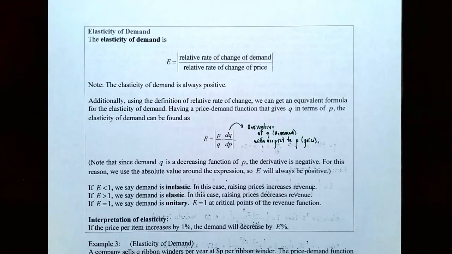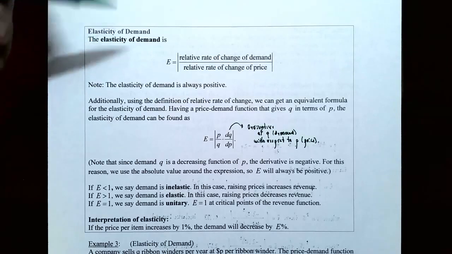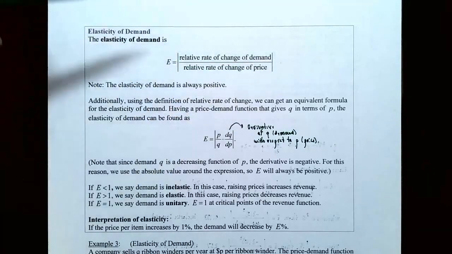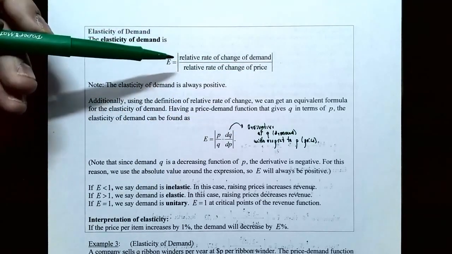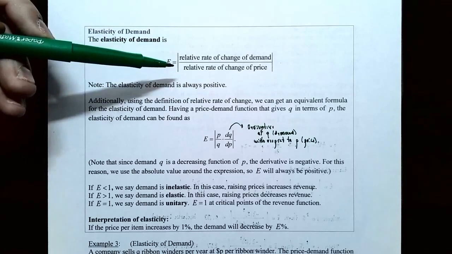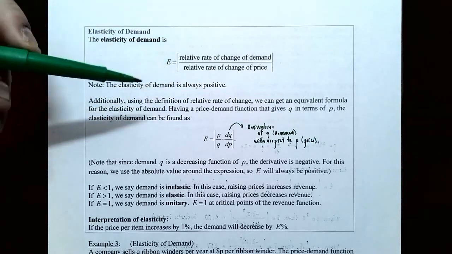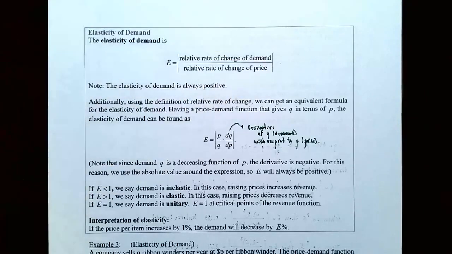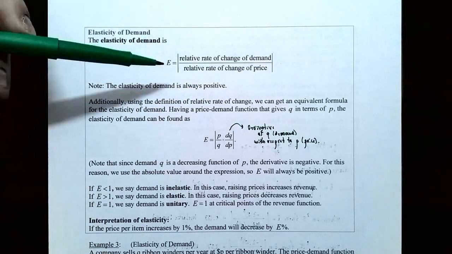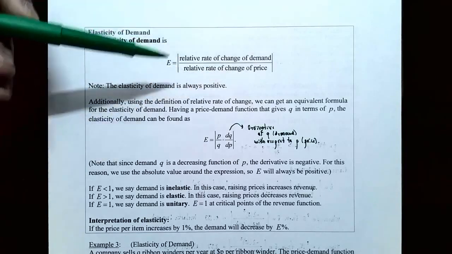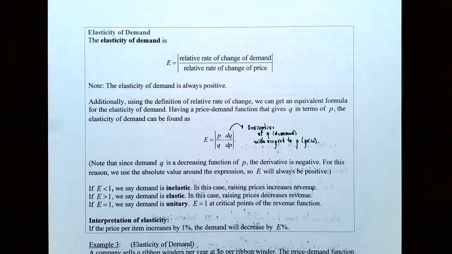The elasticity of demand is defined this way. It's capital E. It's the absolute value of this measure, the relative rate of change of the demand divided by the relative rate of change in the price. So elasticity of demand is always positive because you're taking the absolute value of whatever that number is. So with this formula, you would actually have to take the derivative of the demand, you have to take the derivative of the price, and you have to use the formula that we had for relative rate of change.